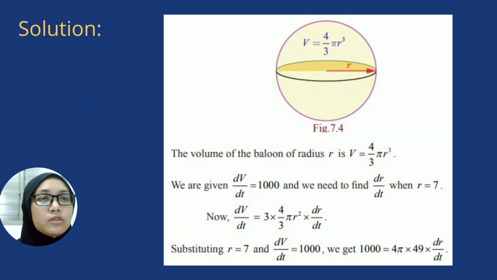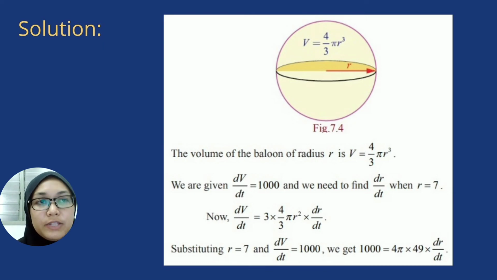The solution: the volume of the balloon of radius r is V equals 4 over 3 pi r cubed. We are given dV over dt equal to 1000, and we need to find dr over dt when r is 7.